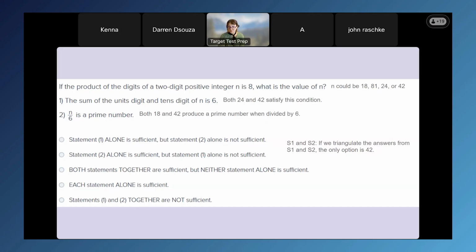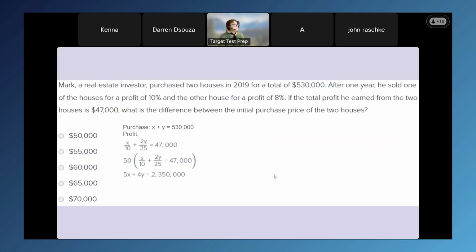For the real estate question, could you please explain again how you were able to simplify the profit to be x over 10 plus 2y over 25? So again, for this one, he made a profit of 10% on one of the houses, so that's the x over 10. If you took the total purchase price of the house and you divided it by 10, you would get 10% of the purchase price, and that was he made 10% profit.